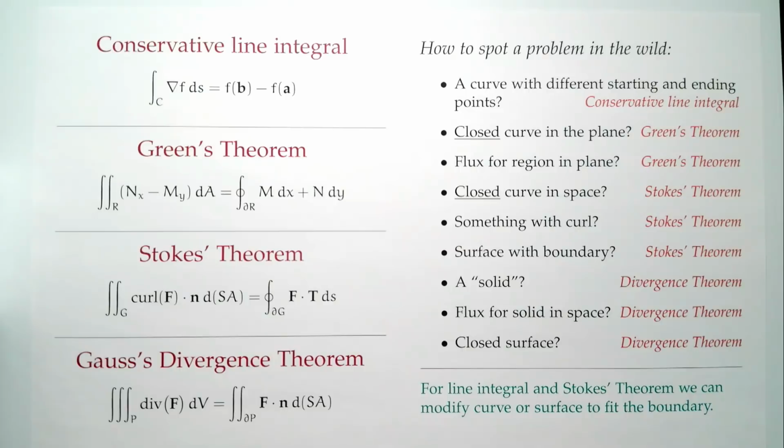Now, sometimes I'll say, you have a sphere, but you've cut off the top, and now it's a surface with a boundary. Okay, well, that's something else. So look for a closed surface, look for a solid. Those are the keywords. Now, I want to spend the rest of the time just going through and doing a whole bunch of examples. And by doing them, what I mean is to say, let's look at them and say, what's the right tool and where do we go?